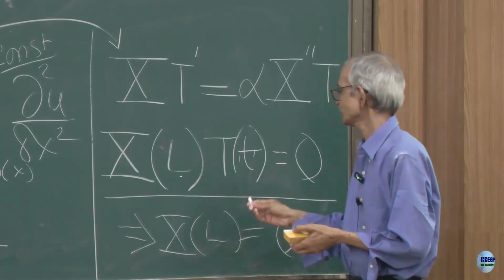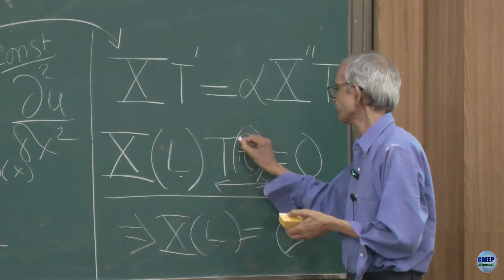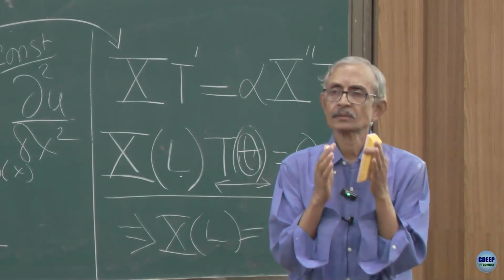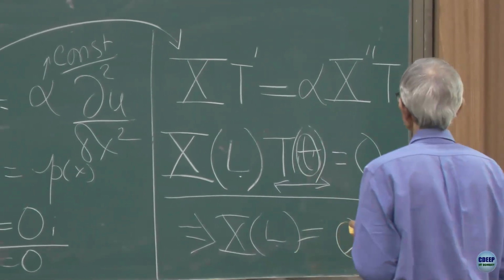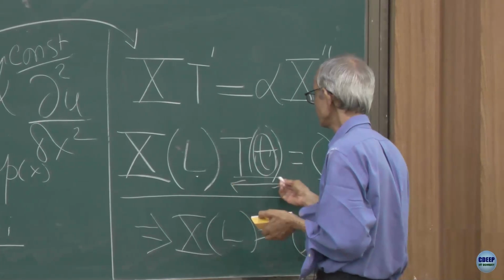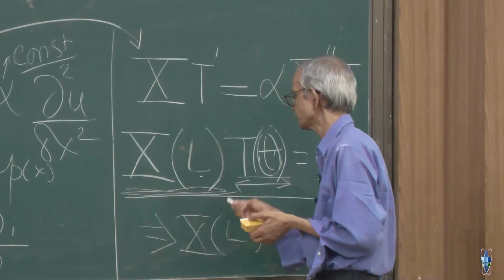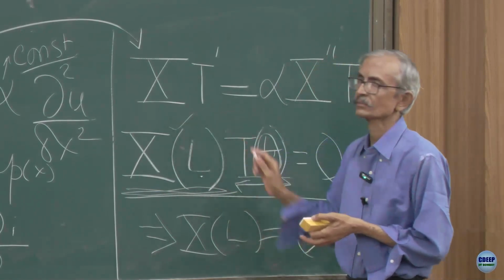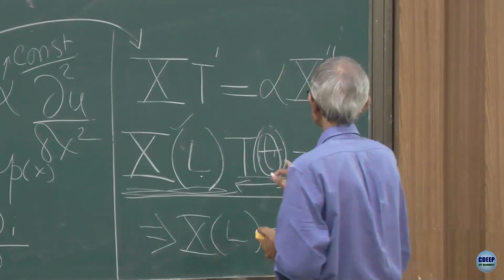But you are right, this is still a function of time. So when you have got T of t equal to 0, it cannot be equal to 0. The only way this equation can be satisfied is if X of L is equal to 0.